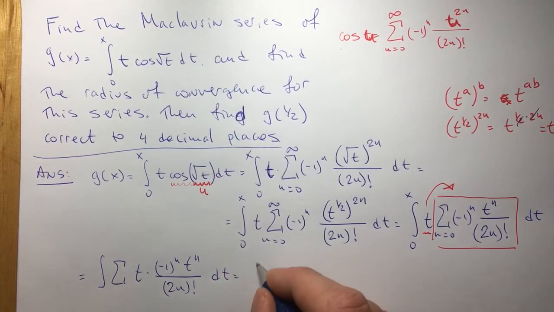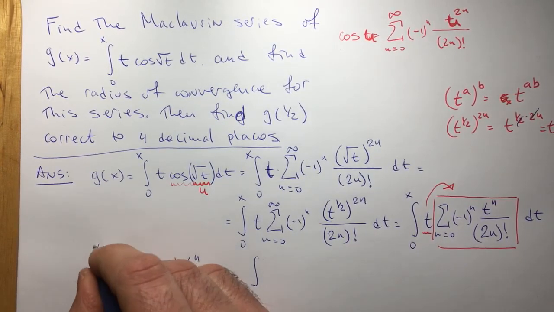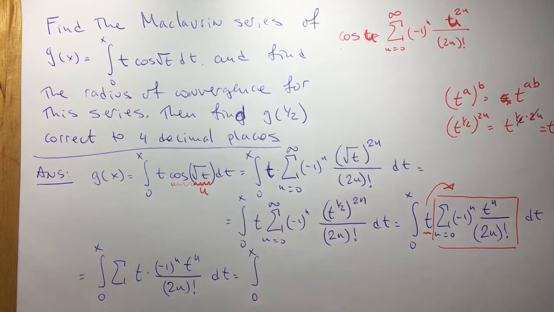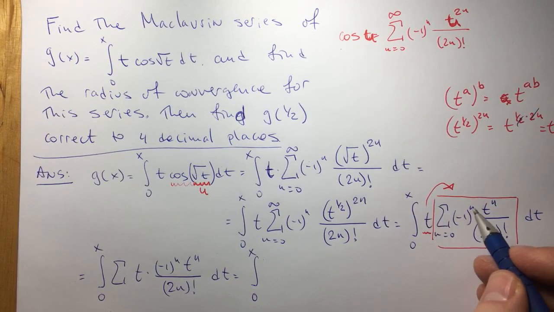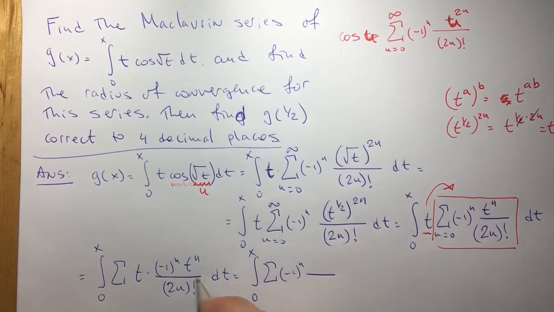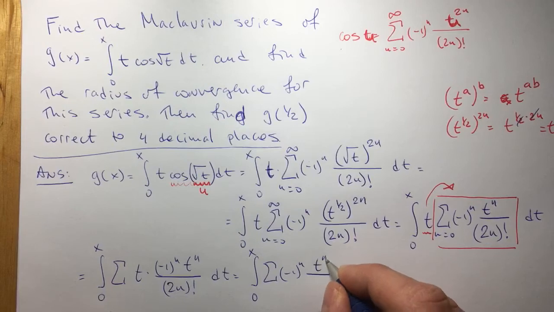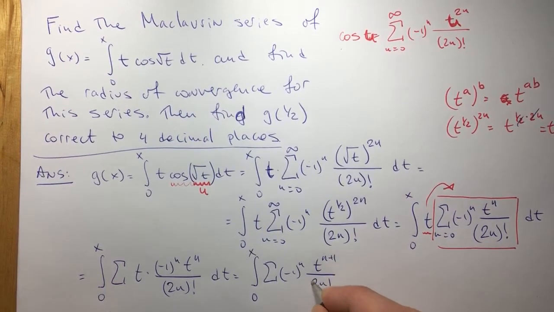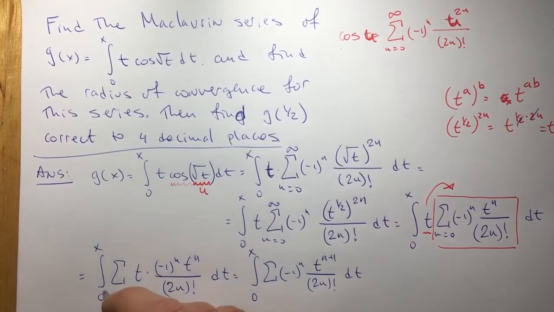I'm going very slowly, step by step, but of course, you can do this at once, right away. You can multiply t by t to the power of n, and you will get t to the power of n plus 1 over 2n factorial dt.